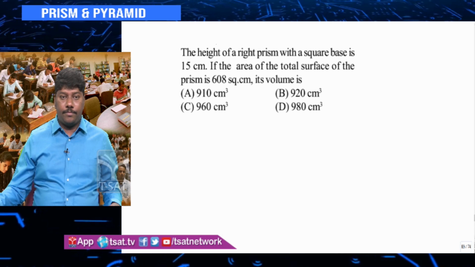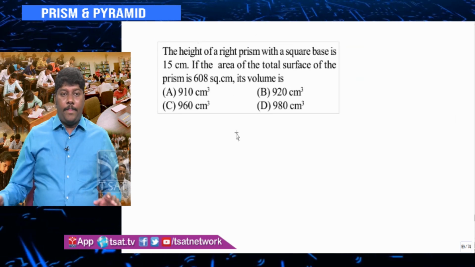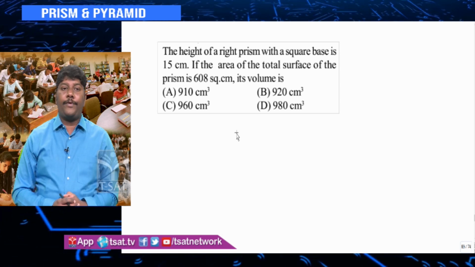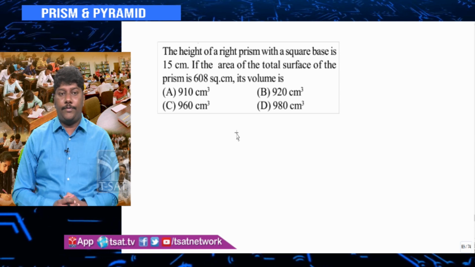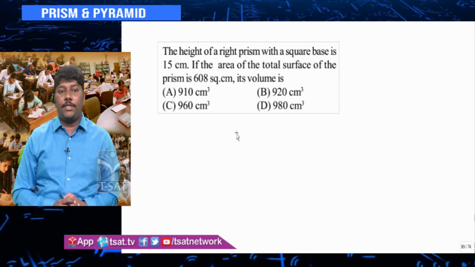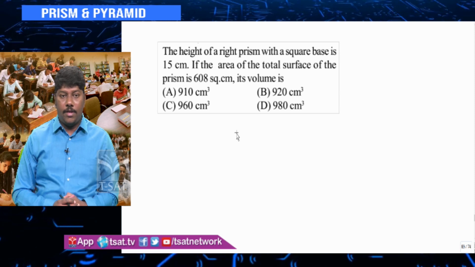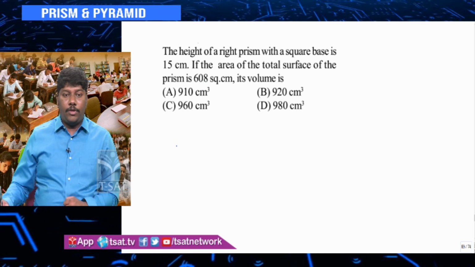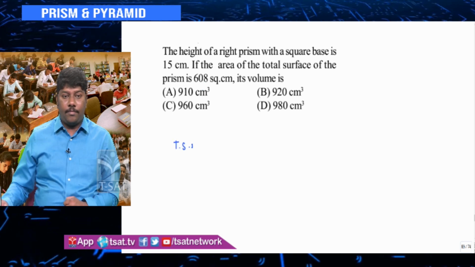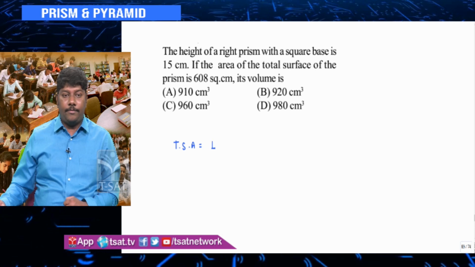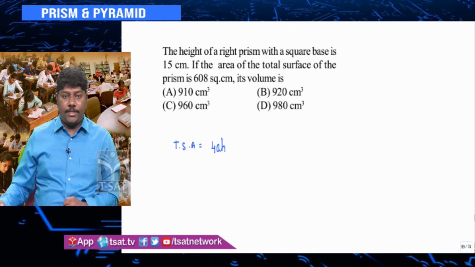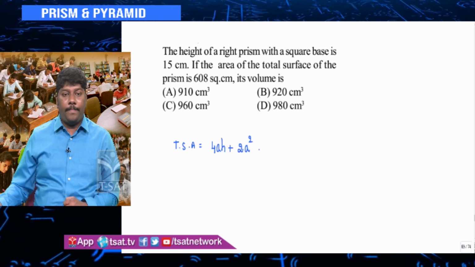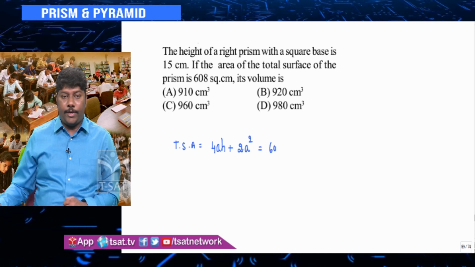Look at the next one. The height of the right prism with a square base. So here the base is a square of side 15 centimeter. Height is given as 15 centimeter. If the area of the total surface of the prism is 608, he is asking you its volume. We know total surface area is perimeter of the base, which is 4a, into height, which is h, plus 2 into base area, which is 2 into a square, the area of a square, is equal to 608.